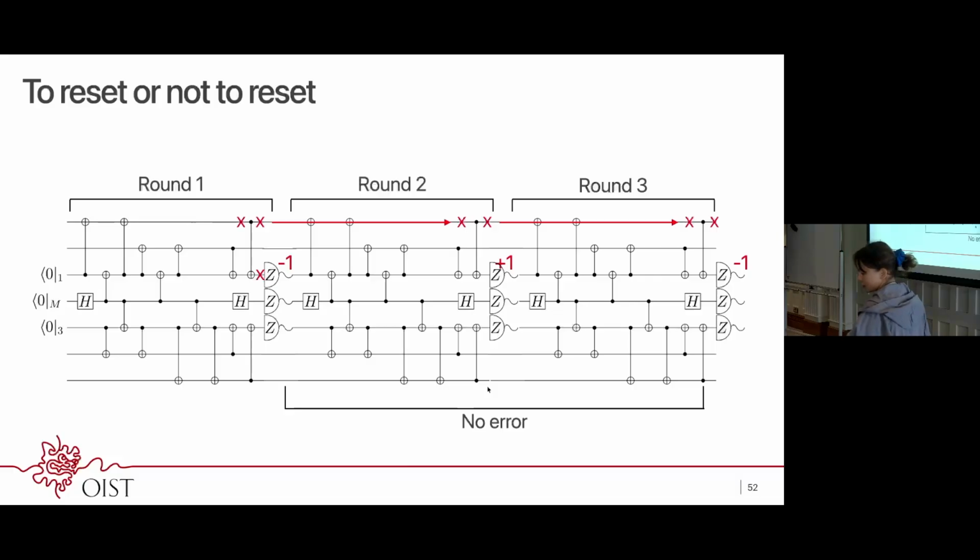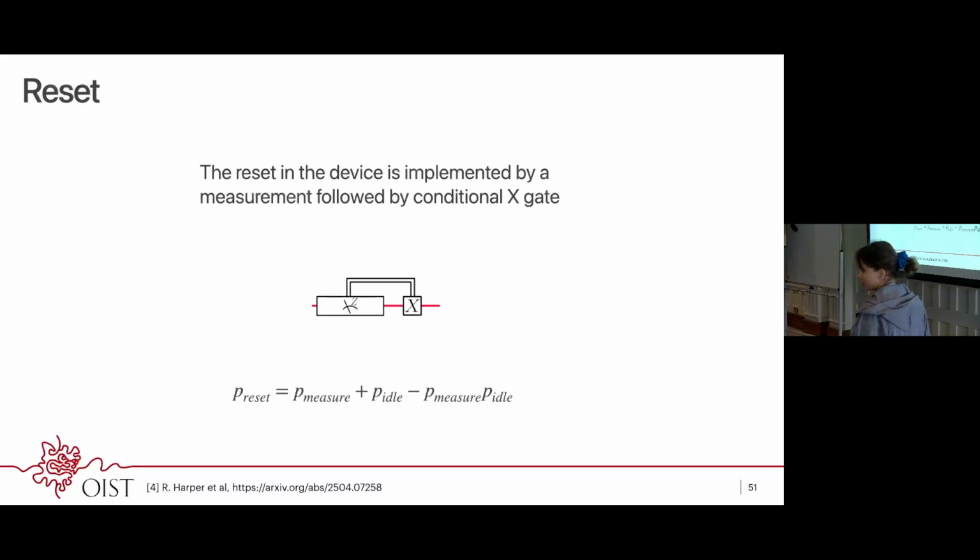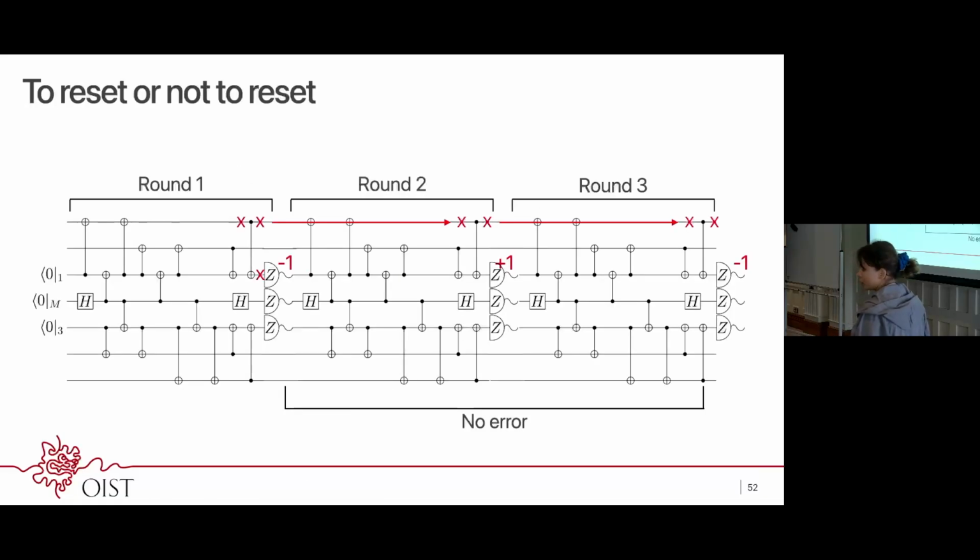Since on this device the measurement time dominates the duration of the syndrome extraction rounds, we can actually remove the unnecessary measurements from the circuit in order to reduce the impact of measurement-induced idling noise. This can be achieved by removing the resets in the circuit.